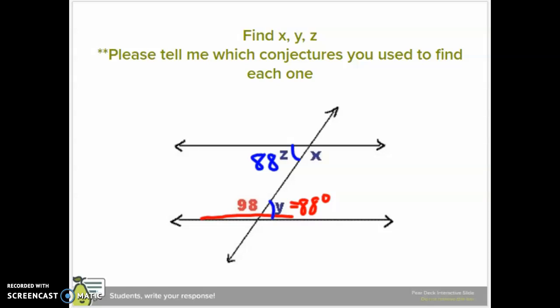I could find x a couple different ways. I could use a linear pair here with z, or I can use alternate interior with 98. You should get 98 no matter how you found it.